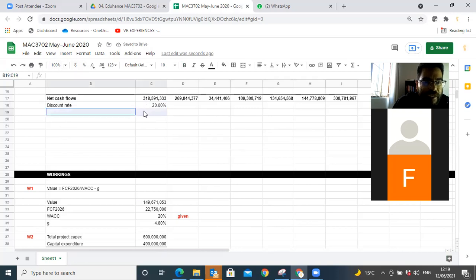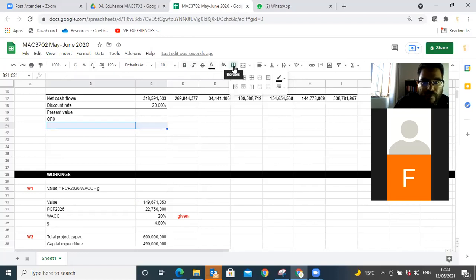So now we can get our present value. And I'm going to just say cash flow here 0, and that's going to give us our NPV.